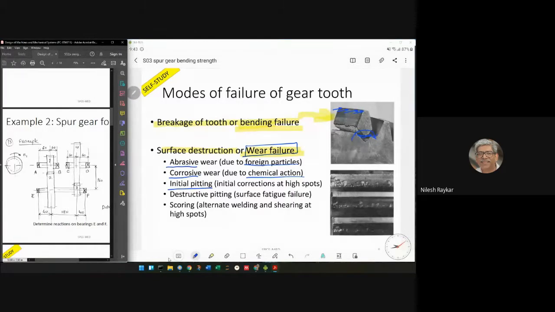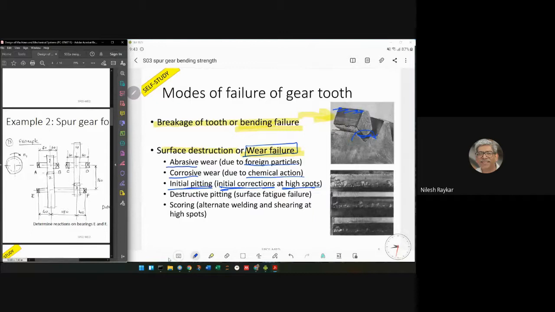Initially the gear surfaces are not very smooth, as in fresh condition. So you may have some ups and downs, and at high spots there is some initial correction. They will get some dents at the point where they hit the mating gear.